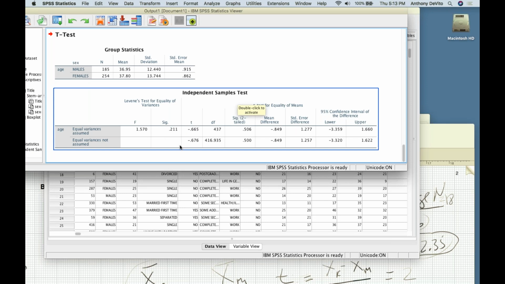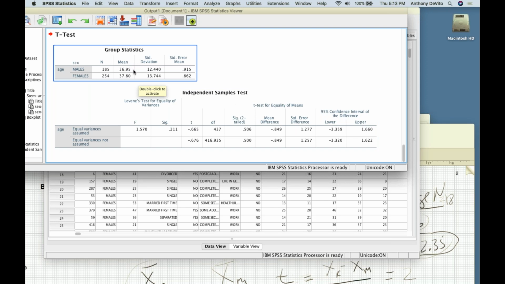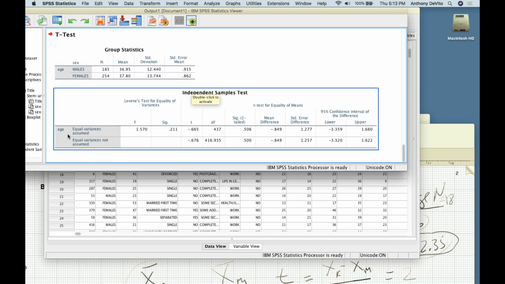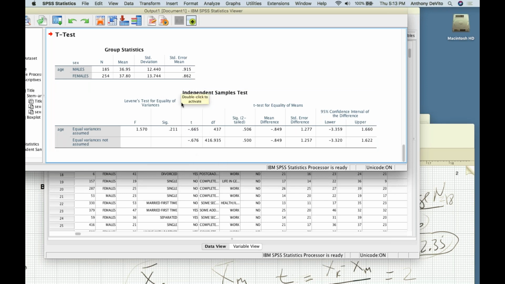Okay, so let's figure out what our t-score is here. First of all, what are our means? 36.95 and 37.8. Our standard errors are 0.916 and 0.862. So what is our t-score? Notice that we have two lines here, a top line and a bottom line. The t-score part doesn't start until after the I on independent.